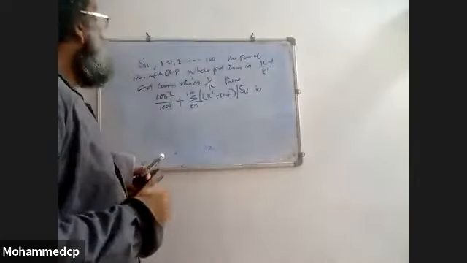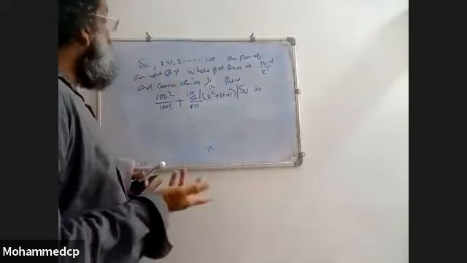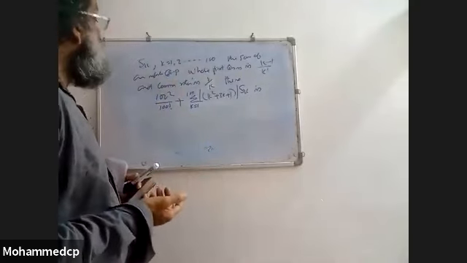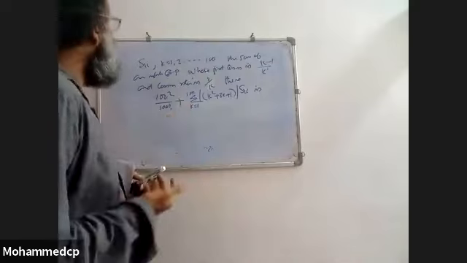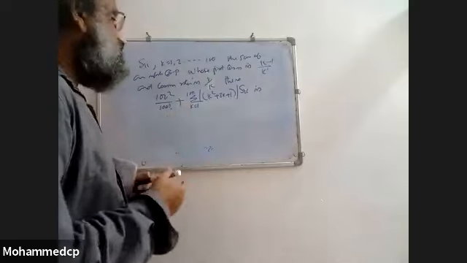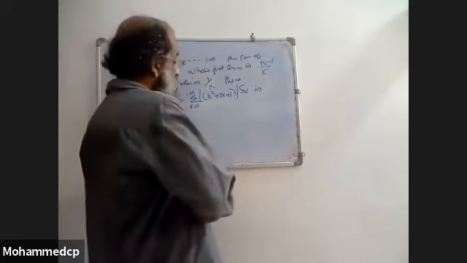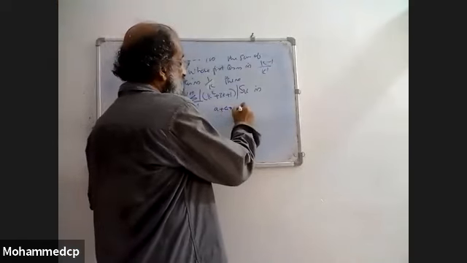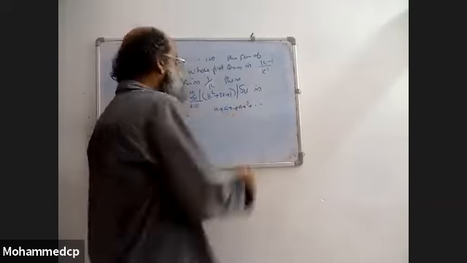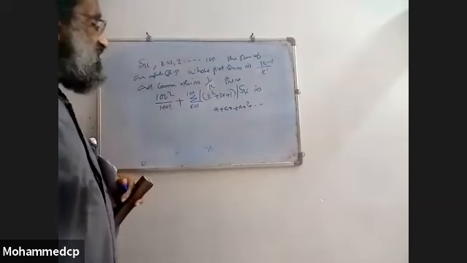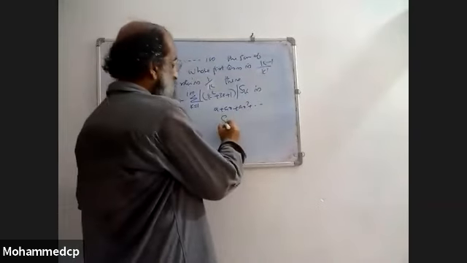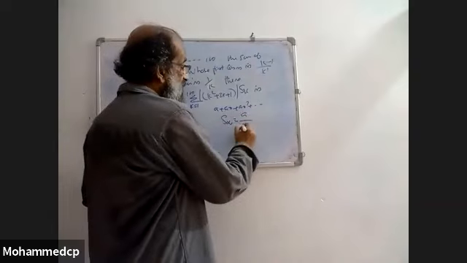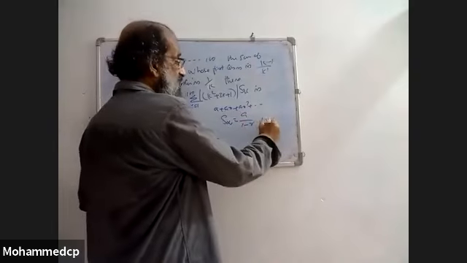Nice question, so many ideas. What is there? Sk is a geometric series, the sum of an infinite GP. You know the sum of an infinite GP: first term is A and common ratio is R, then S infinity is equal to A by 1 minus R, with mod R less than 1.